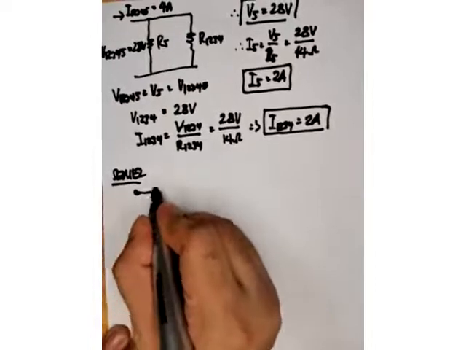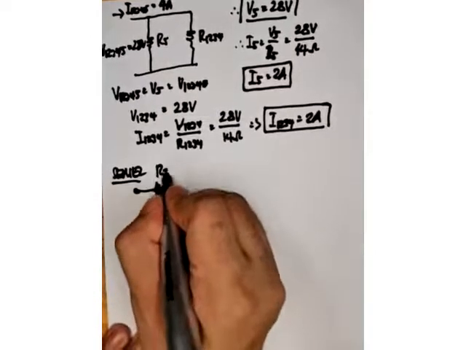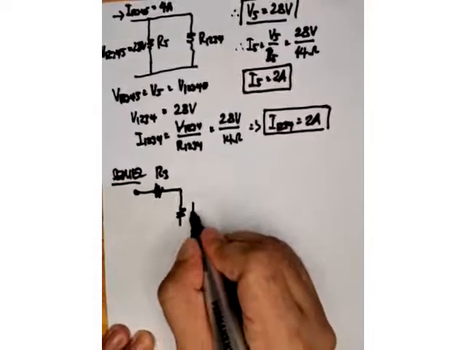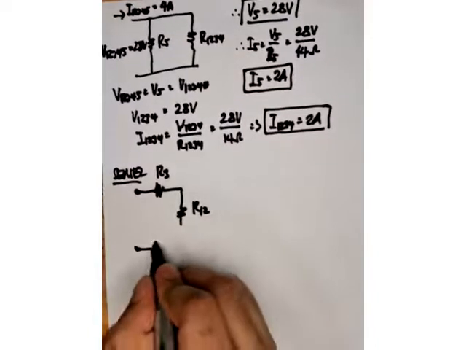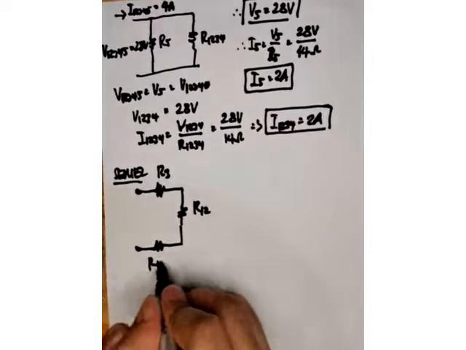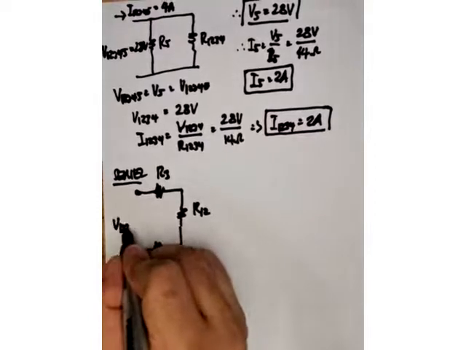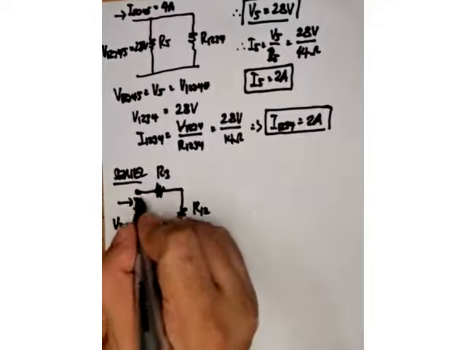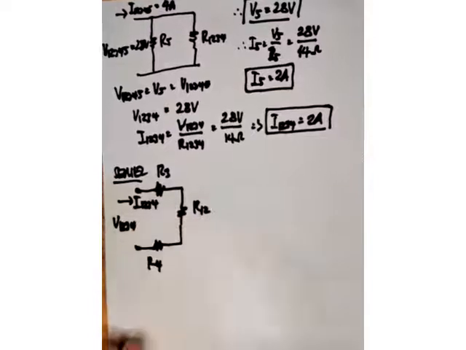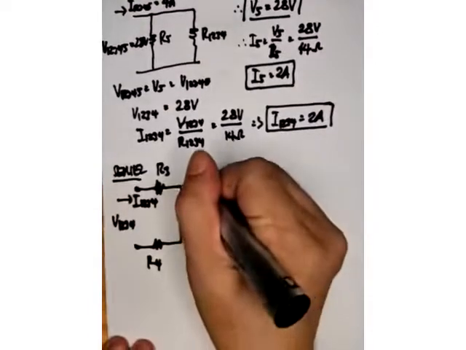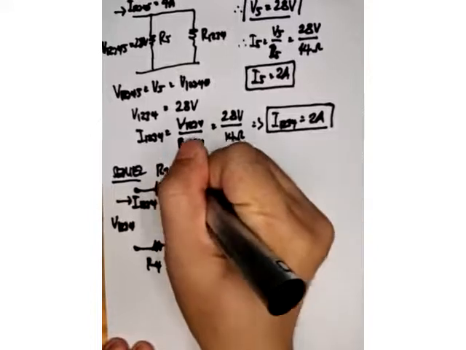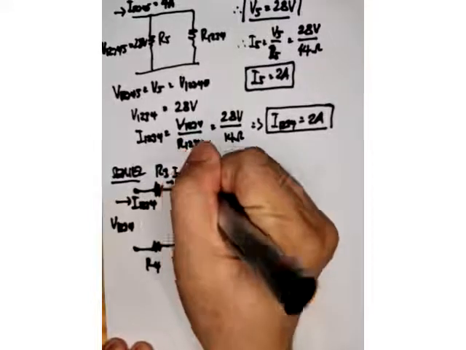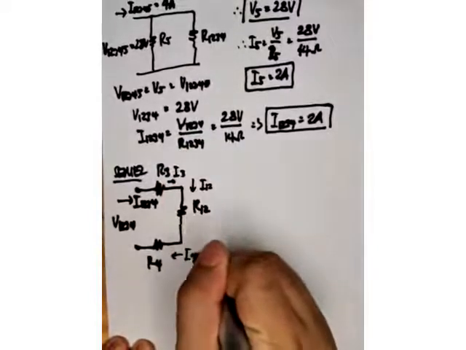R3, R1,2, and then R4. Pero nandito yung V1,2,3,4. At nandito yung I1,2,3,4. Ayan. And since may series yan, so may current tayong I1,2, current ng I3, and then current ng I4.